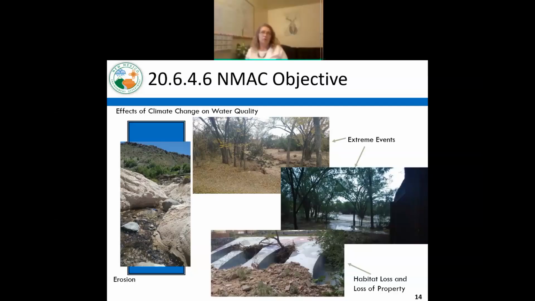So as part of this directive, and to ensure water quality protections address the challenges posed by climate change, a new subsection was incorporated into 20.6.4.6 NMAC. The intent is to acknowledge that one of the objectives of the state's water quality standards is to address the threats posed to water quality by climate change.